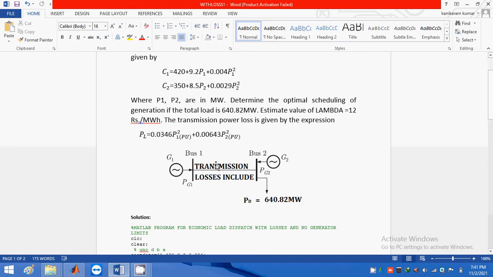In the previous model we didn't have any transmission line losses, but in this example we are mentioning them. This is the transmission line power loss expression.